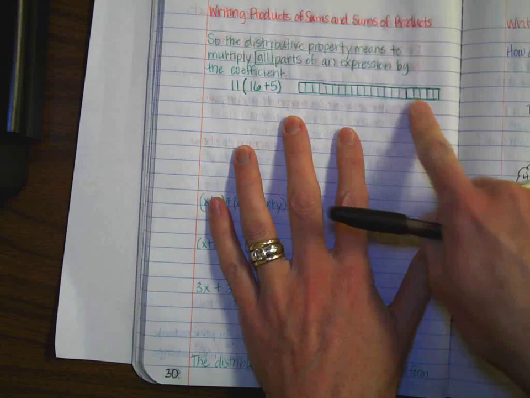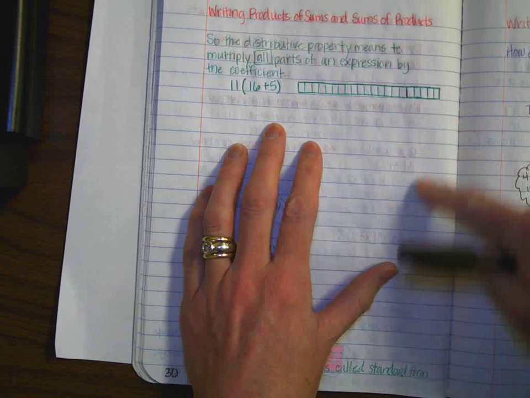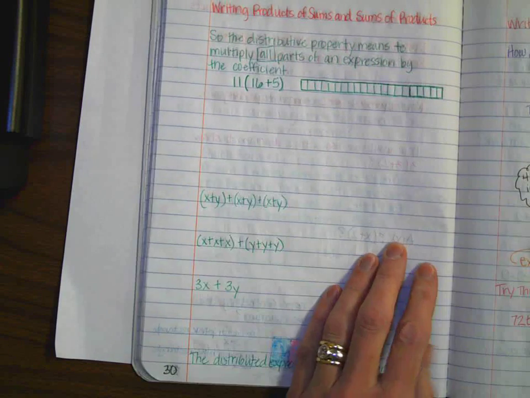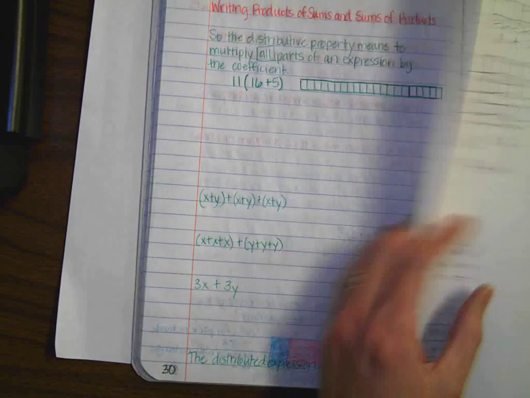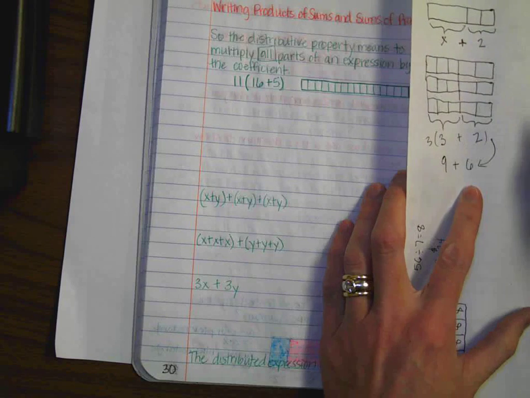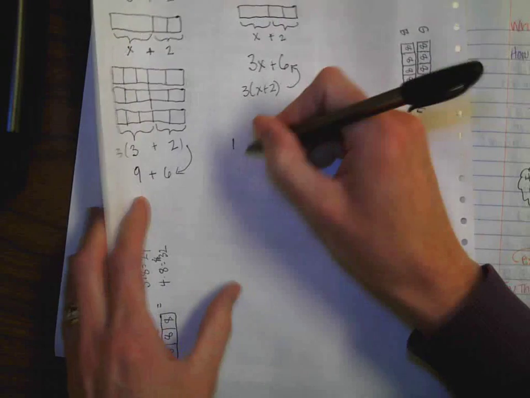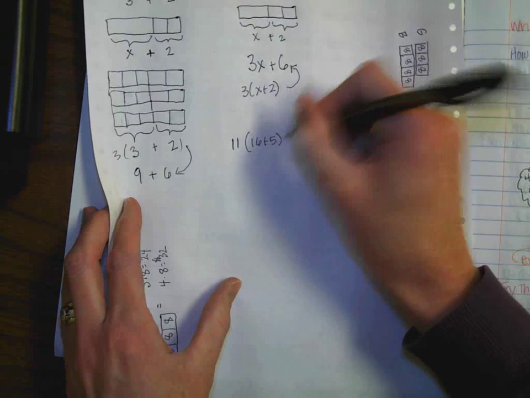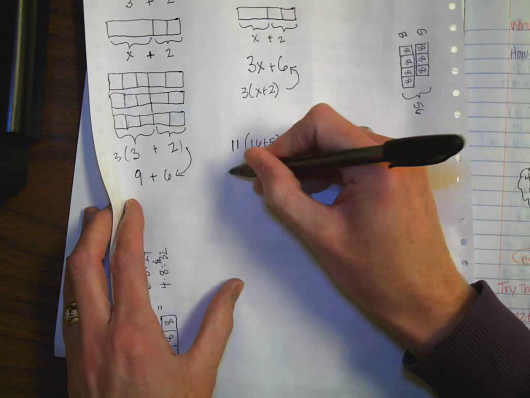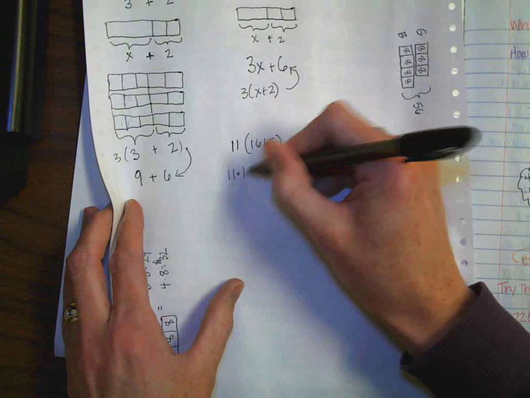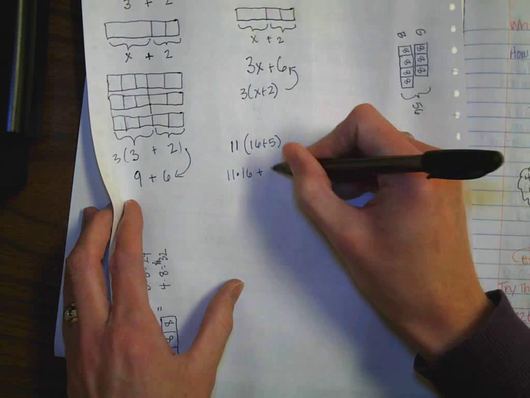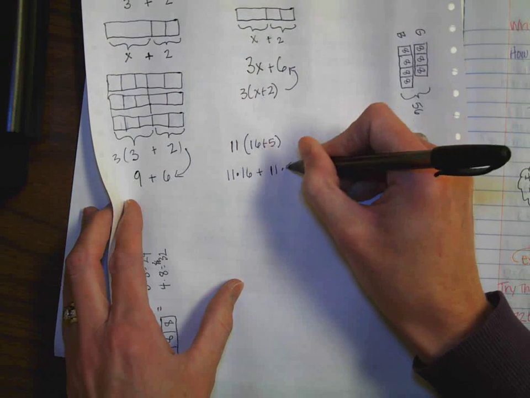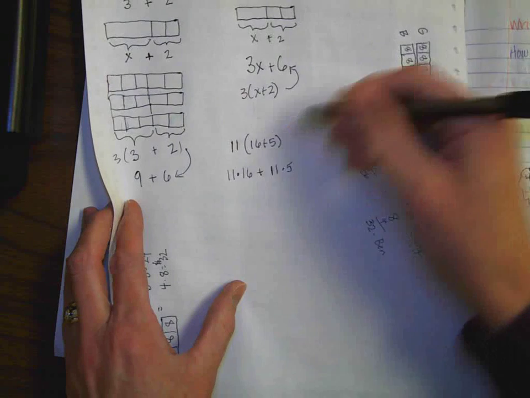So if we have 16 of them right here and 5 of them right here, we have to do that 11 times. So when you draw that out, it gets kind of crazy. But basically what you're saying to yourself is you are taking 11 times 16 plus 5. So you have the tape to do that. So that means that I have 11 16s plus 11 5s.